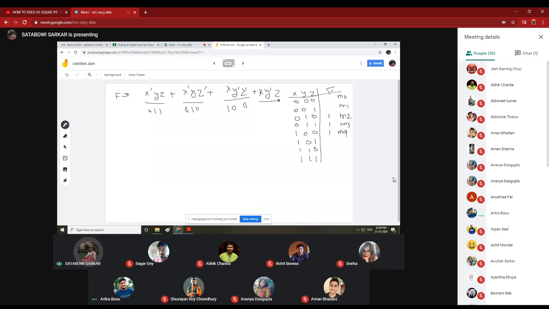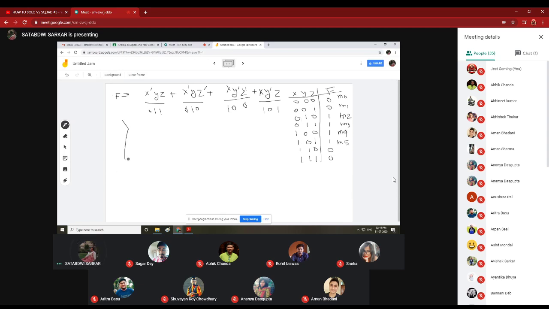Now for this, the value is 1 0 1, so it is M5. Now the remaining parts will be 0, because remaining parts are not mentioned in this function. So we will put 0. Now we have to design the K-map.